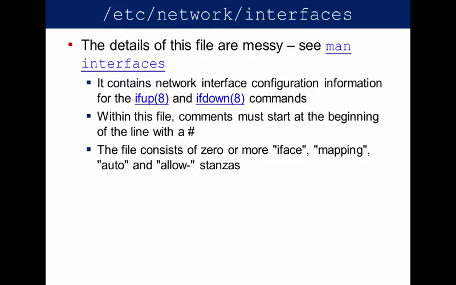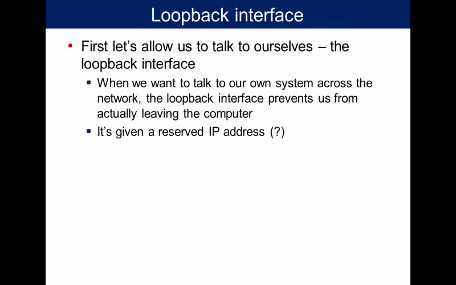So if some network card is up, then we need to do something. If down, then we shut down some other related things. Within this file, comments must start with a #, and the file consists of zero or more iface, mapping, auto, and allow stanzas, some of the clauses, some of the language.